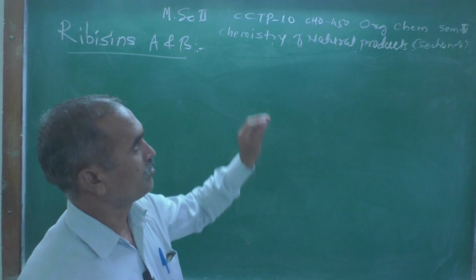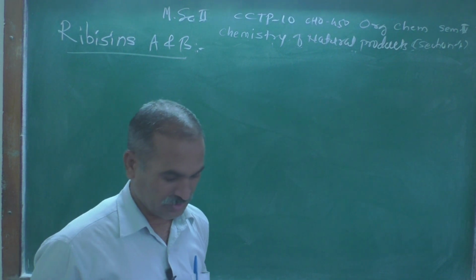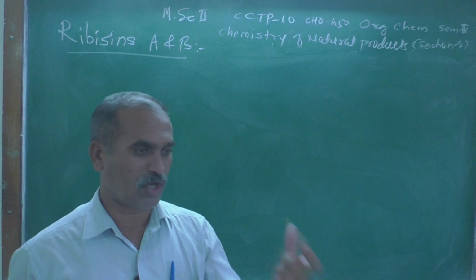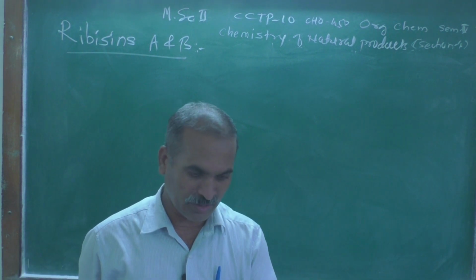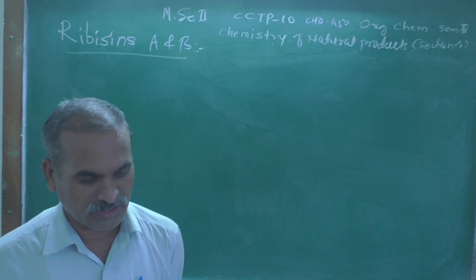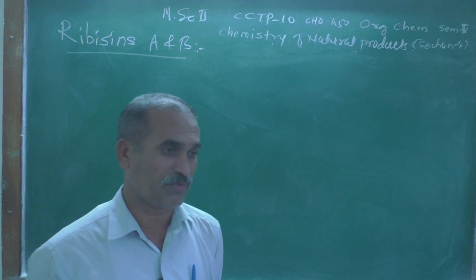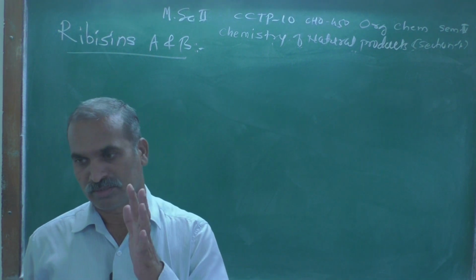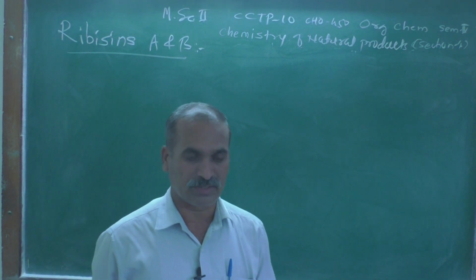In the first section there are a few molecules: number 1 Longifolin, number 2 Hirsutolone B, number 3 Ribosins A and B, and number 4 is for self learning, which we will discuss after the completion of this.